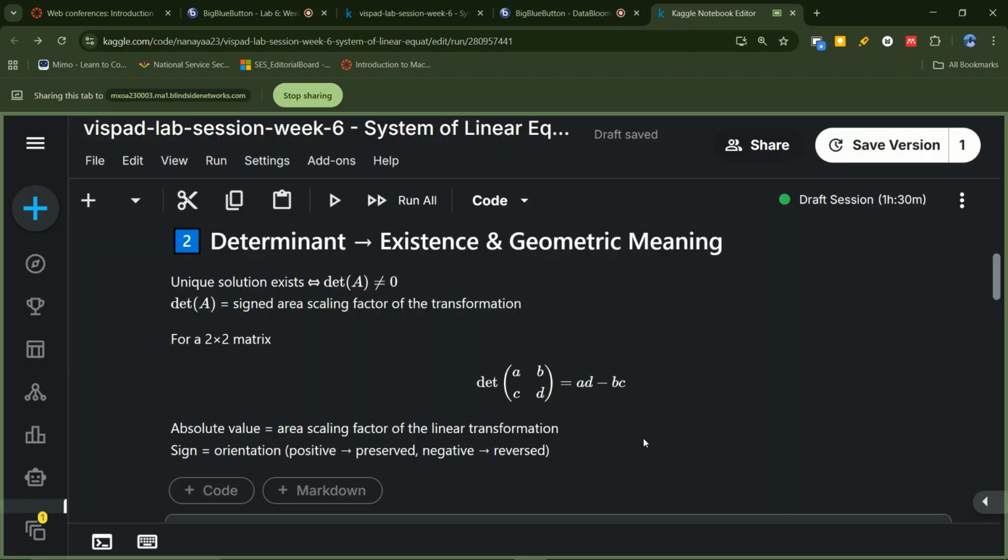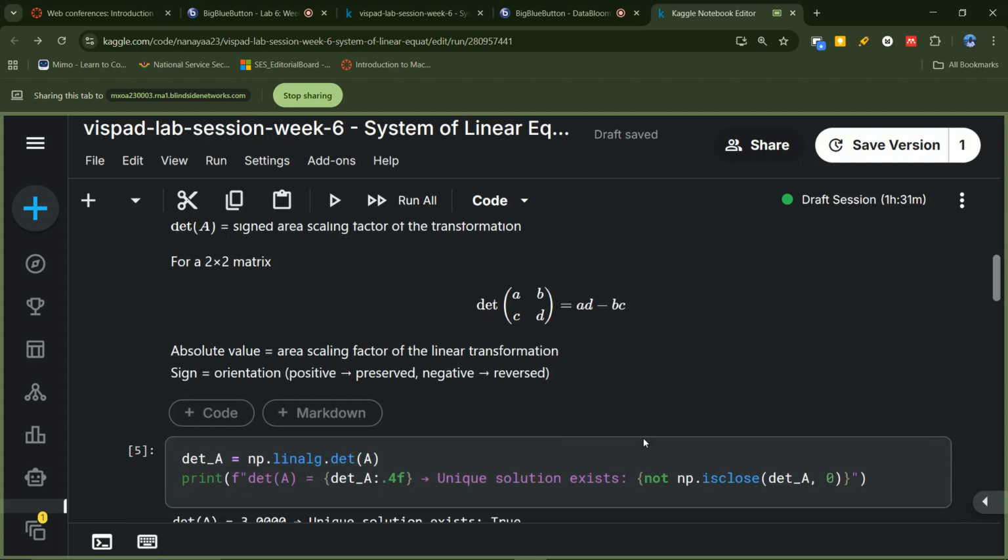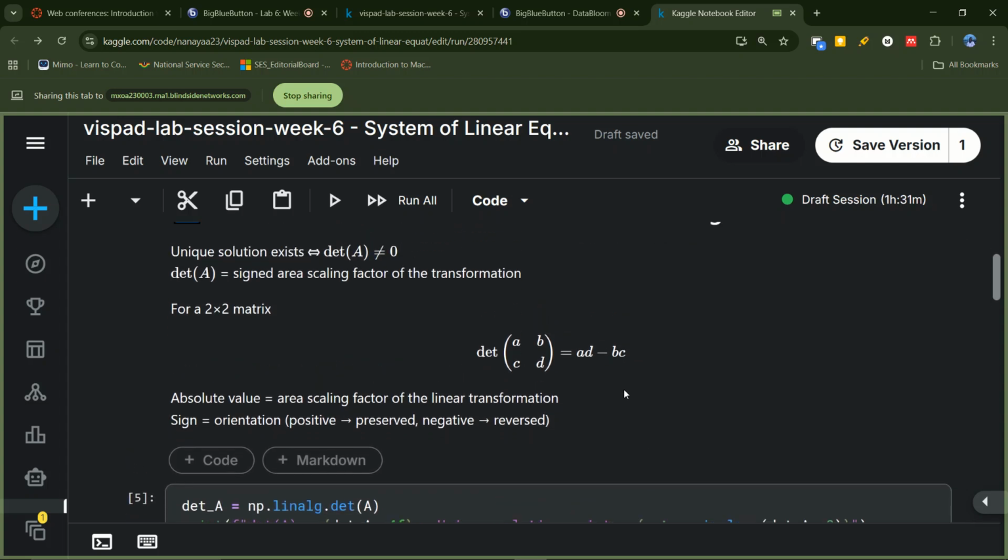For a 2 by 2 matrix, say it has elements a, b, c, d. If we want to get the determinant of that particular matrix, what do we do? We multiply element a by d and minus b times c. As easy as that. You remember what we did last week.